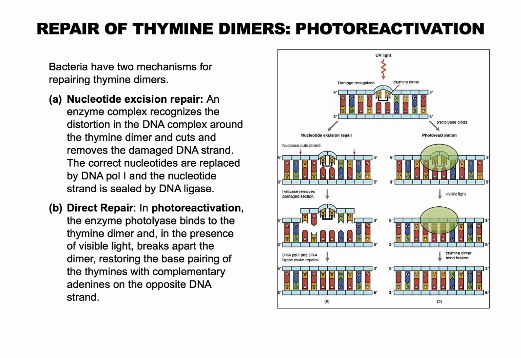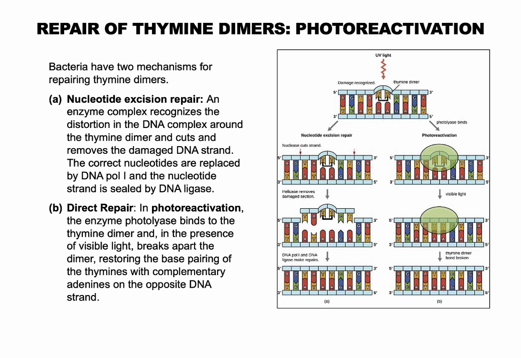If a distortion in the double helix caused by a pyrimidine dimer is detected, the enzyme complex cuts the sugar phosphate backbone several bases upstream and downstream of the dimer. The segment of DNA between these two cuts is then enzymatically removed. DNA polymerase I replaces the missing nucleotides with the correct ones, and DNA ligase seals the gap in the sugar phosphate backbone.